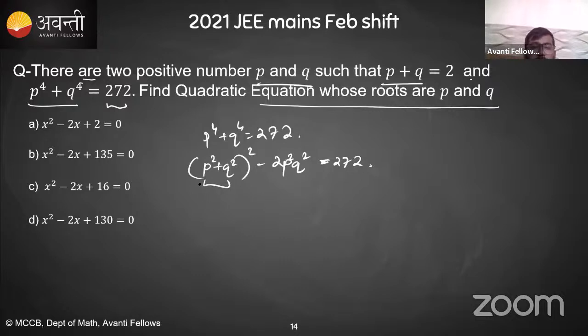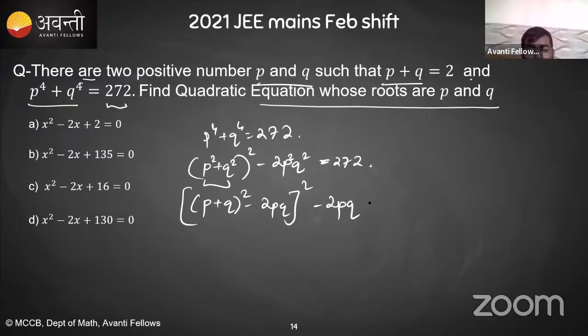And here I can write p square plus q square as (p plus q) whole square minus 2pq, and here it was whole square minus 2pq equals 272. Now, p plus q value is given to us as 2, right?